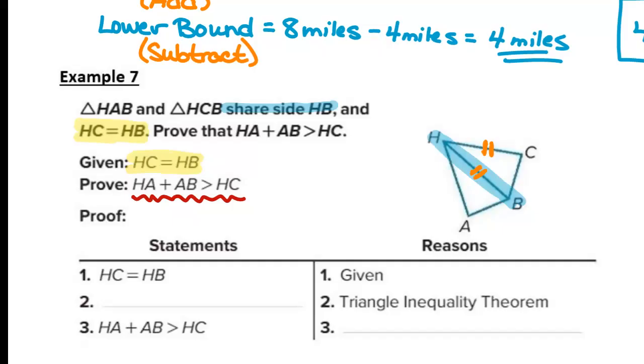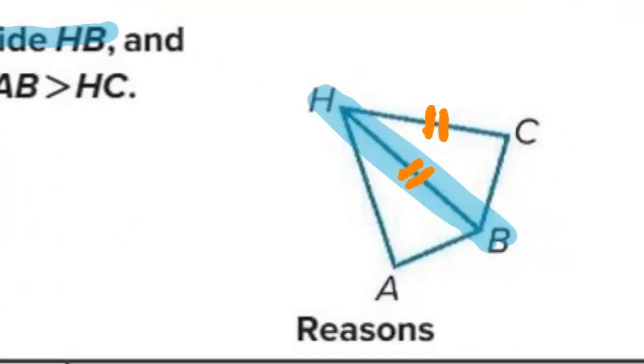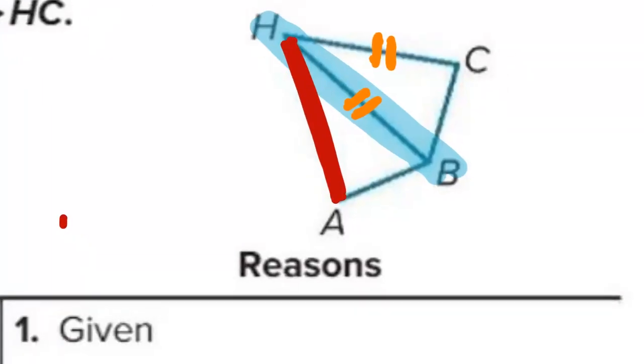Well, let's go find all 3 of those sides that it's talking about here. HA is this side right here. And AB is this side down here. But HC is over here.